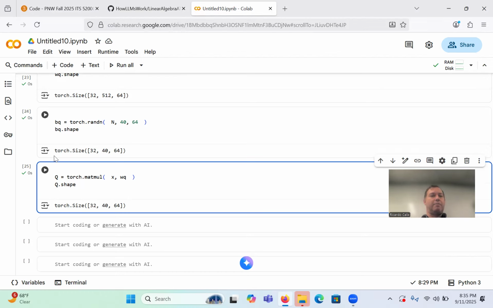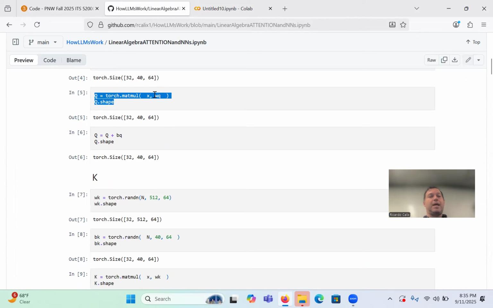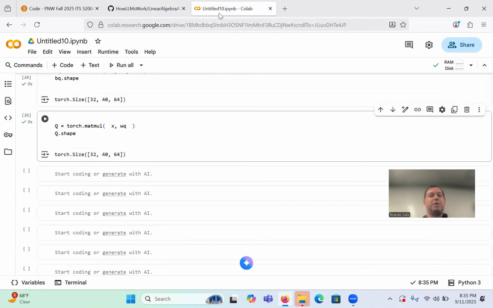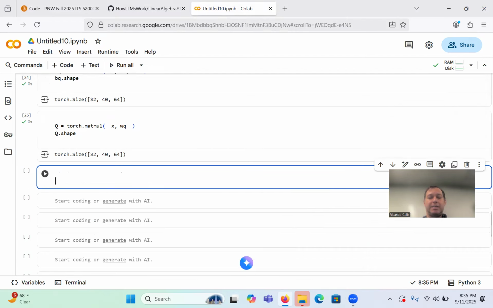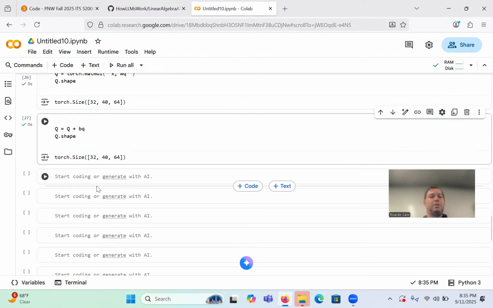So now I have Q. Okay, we did that one. It's 32, 40, 64. I'm going to add the bias, which you can see is just another term that doesn't change the dimension. But remember that the bias is a learnable parameter, so it's part of the weights. Okay, 32, 40, 64. This is like the line in high school, right? Slope times x plus b.